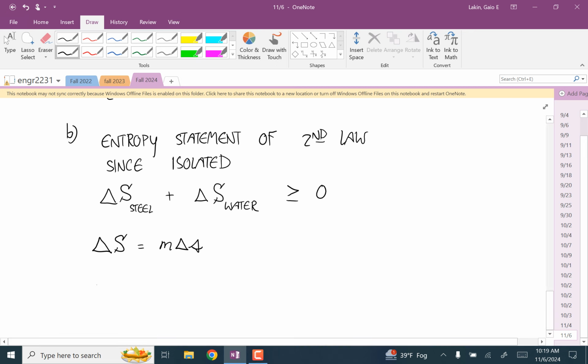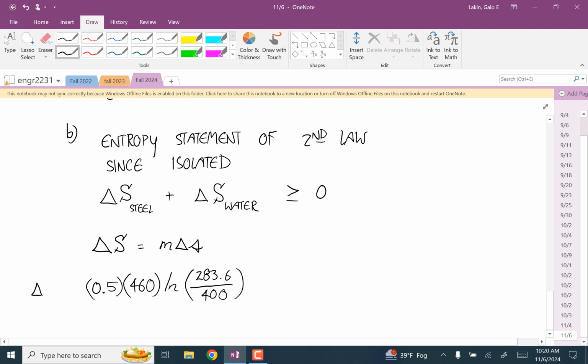And so we have 0.5 times the specific heat of the steel, 460, times the natural log of the later temperature, 283.6, divided by the earlier temperature of the steel, which is 400.